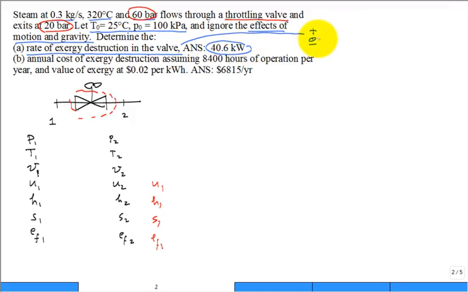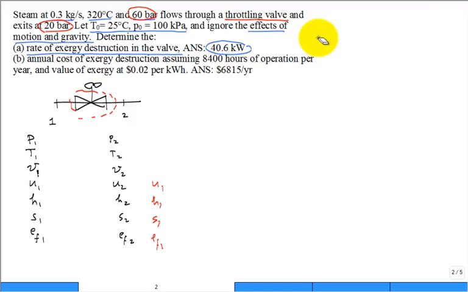When would you expect it to be 0? If there's no irreversibilities, and basically you're always going to have irreversibilities in an expansion valve. And if you ever calculated a negative exergy destruction rate, what should you look for? Your error. You got an error somewhere.